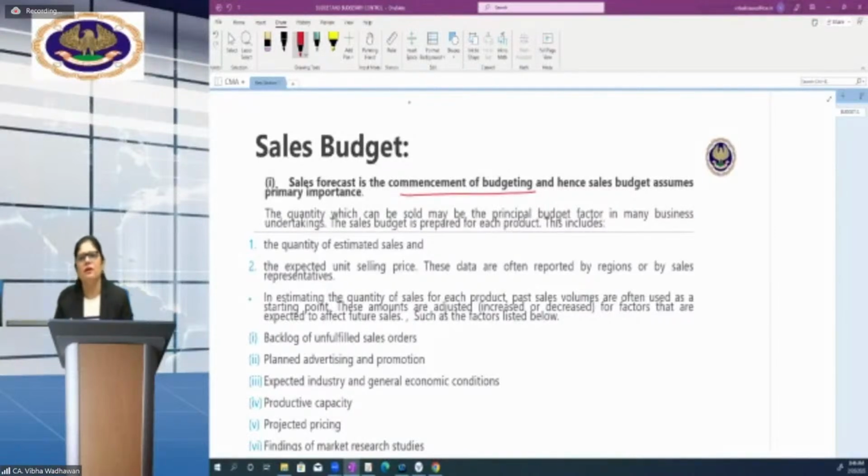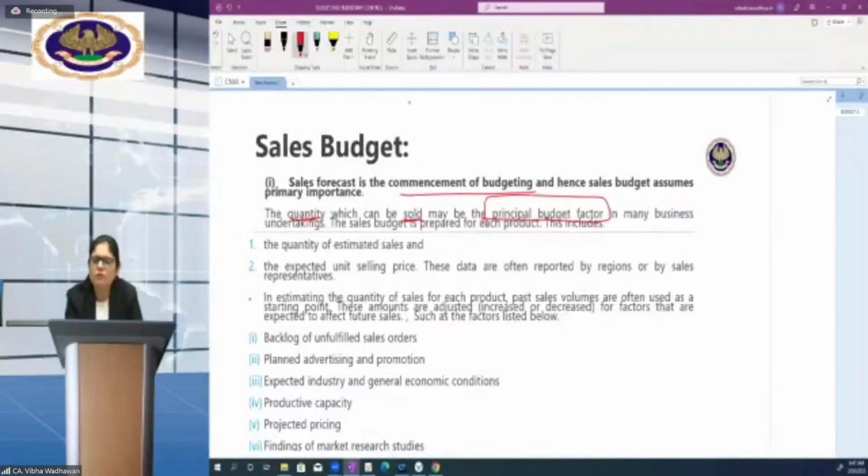Accordingly, we calculate the different types of functional budget. The quantity which can be sold may be the principal budget factor. So it gives us the direction that if this much quantity can be sold, then this much production we have to take, for that much production this much capital, and for that production this much raw material. So sales is the starting point.